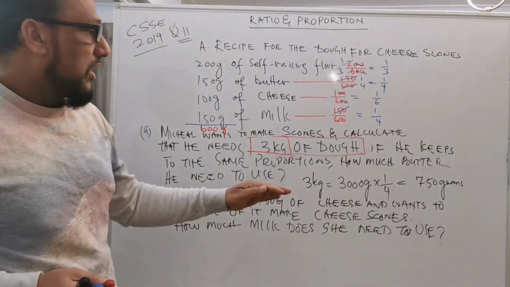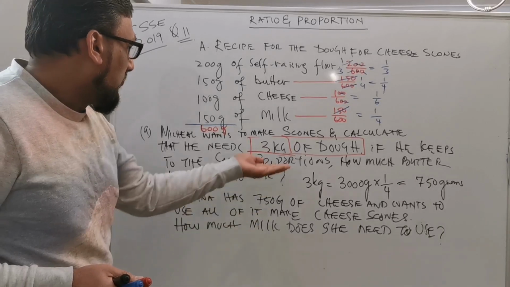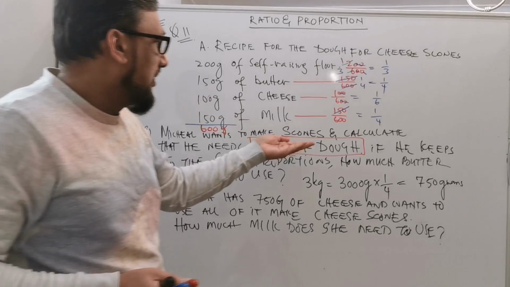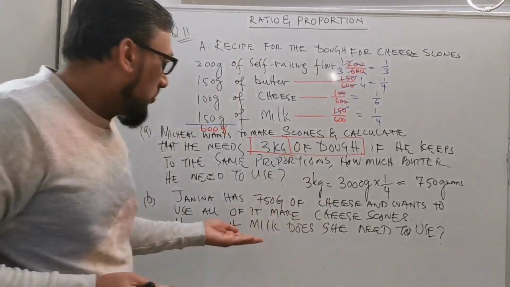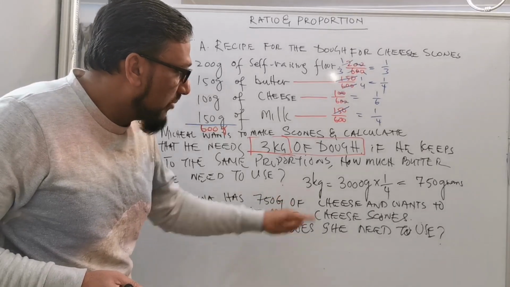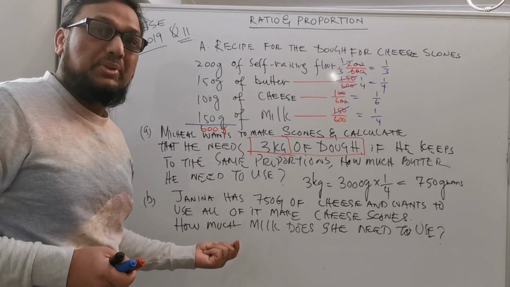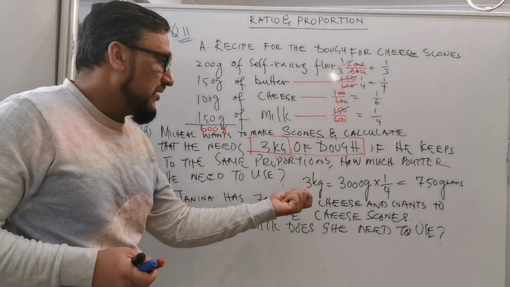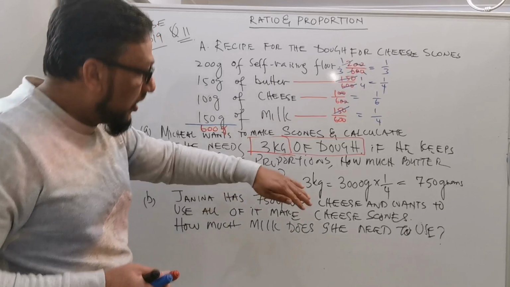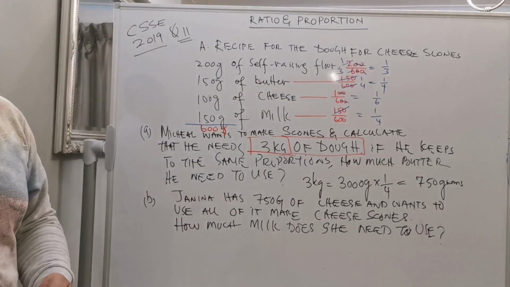So we need to find out how many gram of dough she can use for 750 gram of cheese. The same as for the last example, like Mr. D received 200 pounds. So how much was the total distributed money?